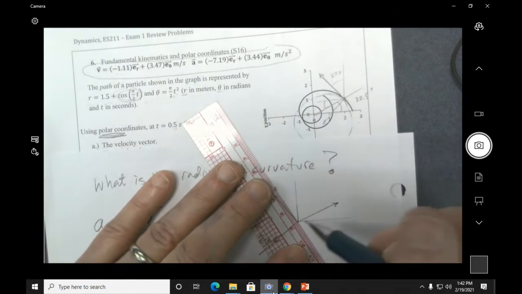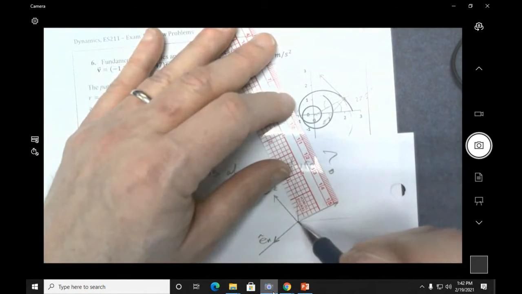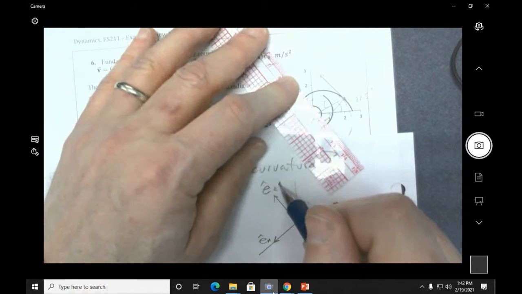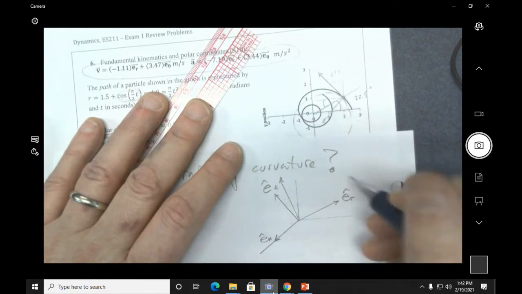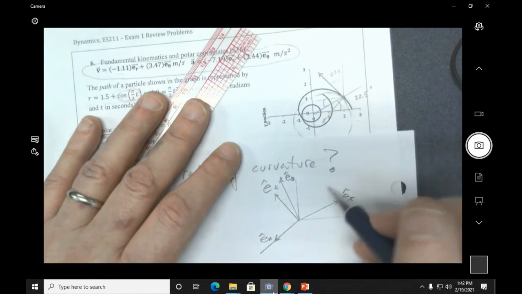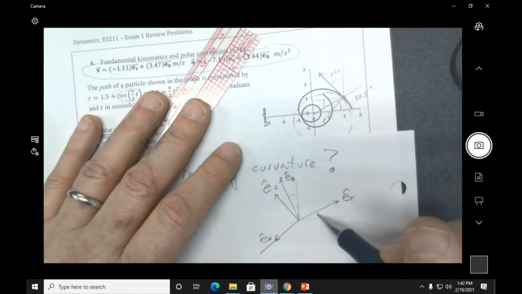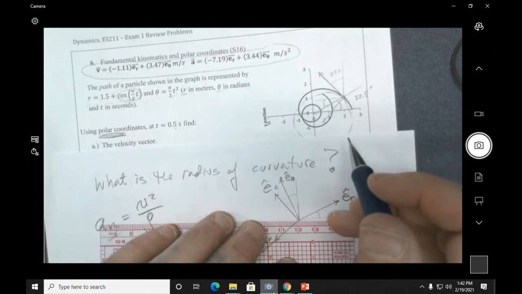Oh, this is going to be tough. They're very close because of the nature of them right here, but I've drawn them kind of closer here. So we go right here. This would be ER, and here would be E theta. So what we'd have to do is try to figure out, based on this.